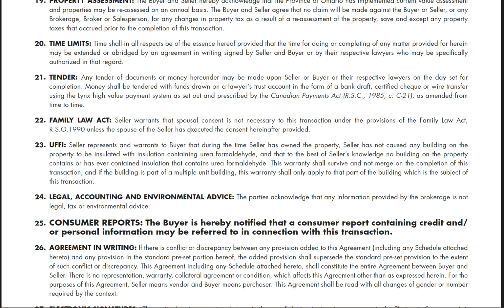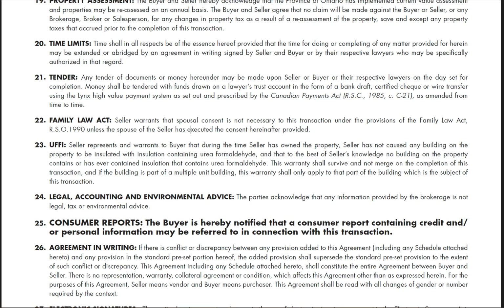So the seller must confirm whether spousal consent is needed. If spousal consent is required, the non-owner spouse must sign the agreement to confirm the approval.